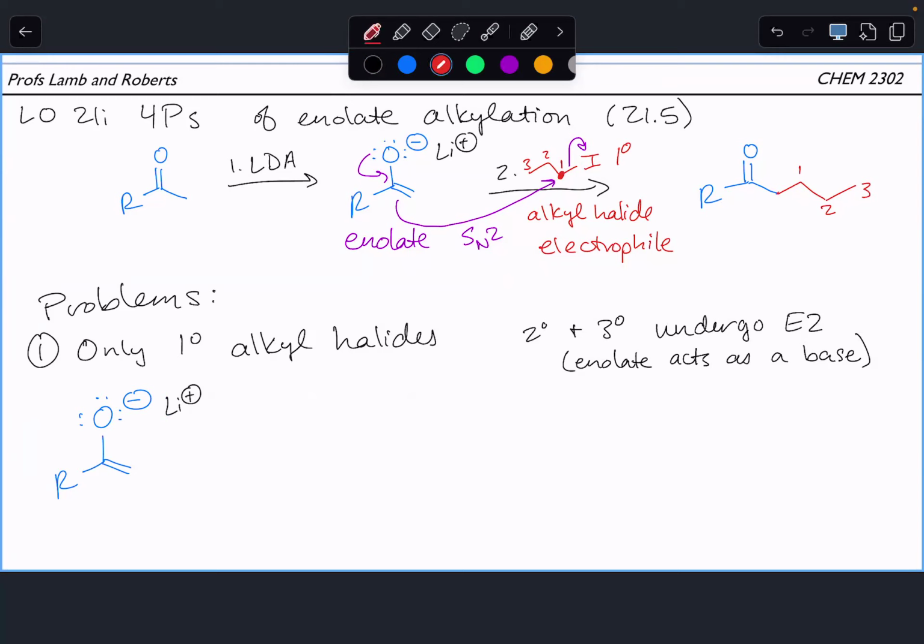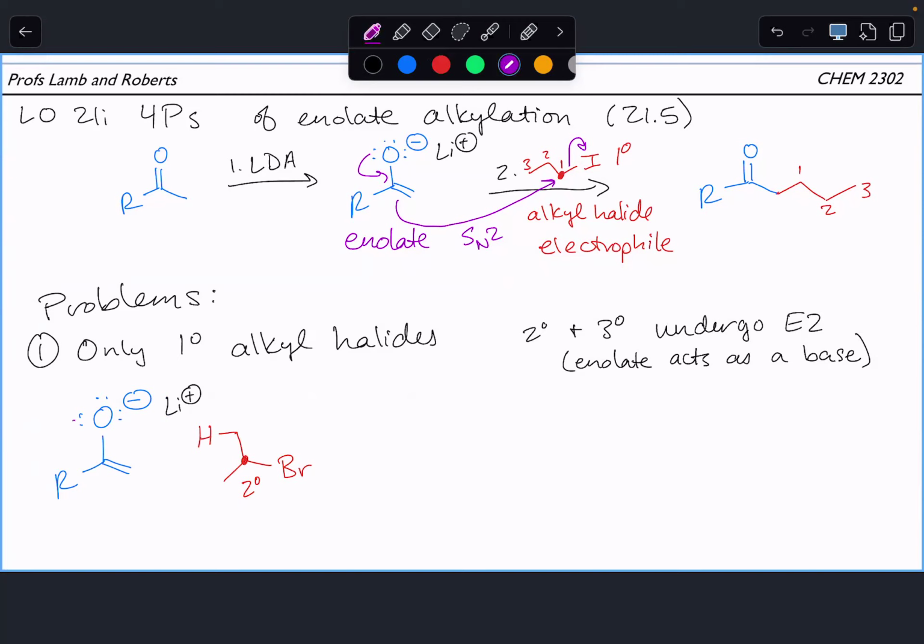And so if I have an electrophile that is a little bit bulkier, so a secondary electrophile, it's slower to do SN2. So this would be our electrophilic site that is secondary, so the SN2 reaction is slowed down. And in the meantime, this is also a basic enolate. So instead of doing the SN2, it's going to do E2.